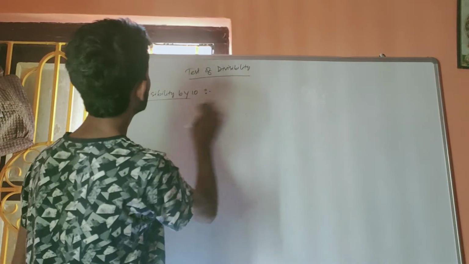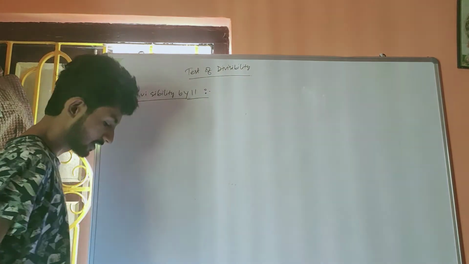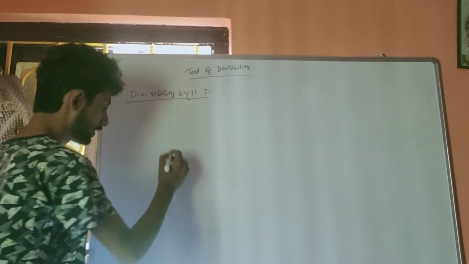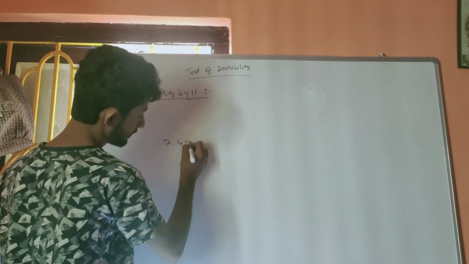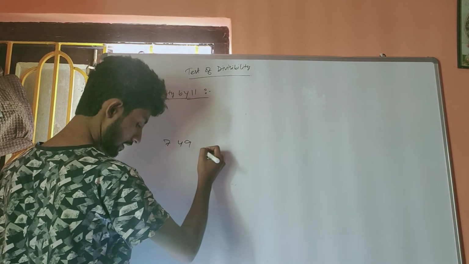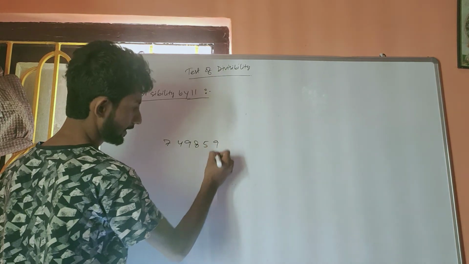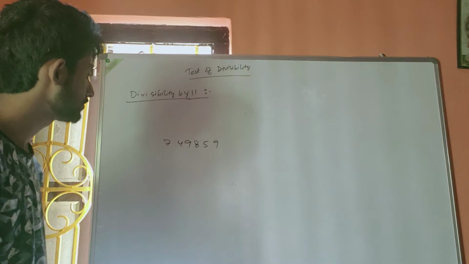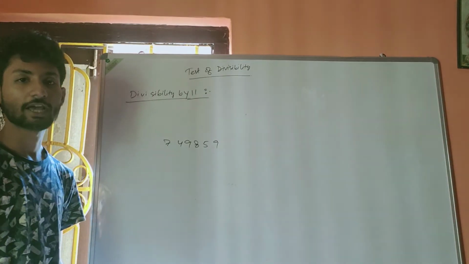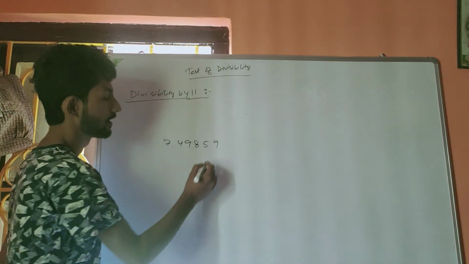Now we have to do the divisibility test of 11. In that case, I took a number, suppose 859. In this number, what do you have to do? First, you have to check the even places.